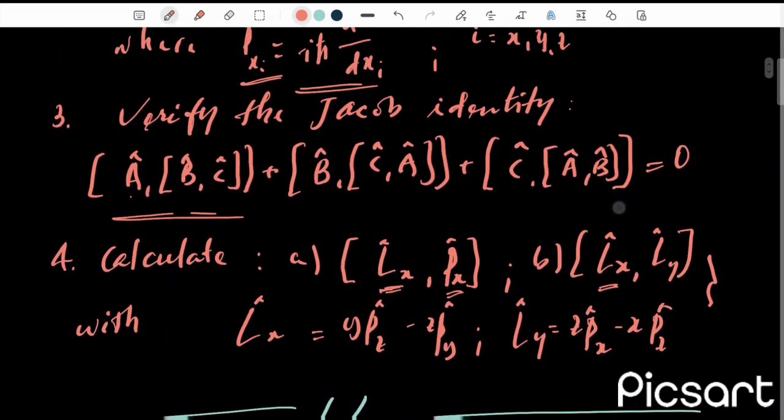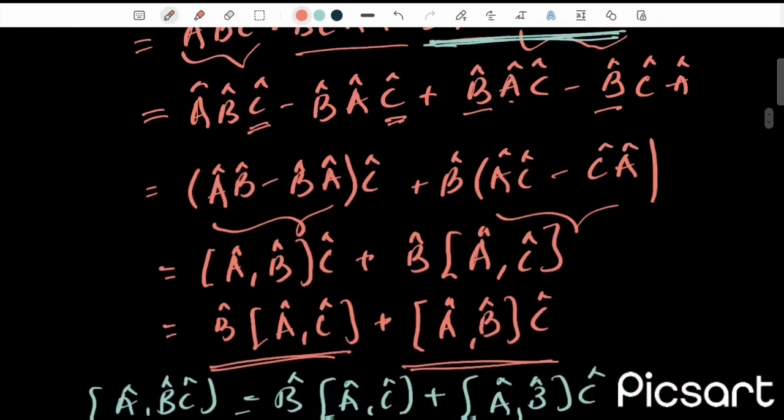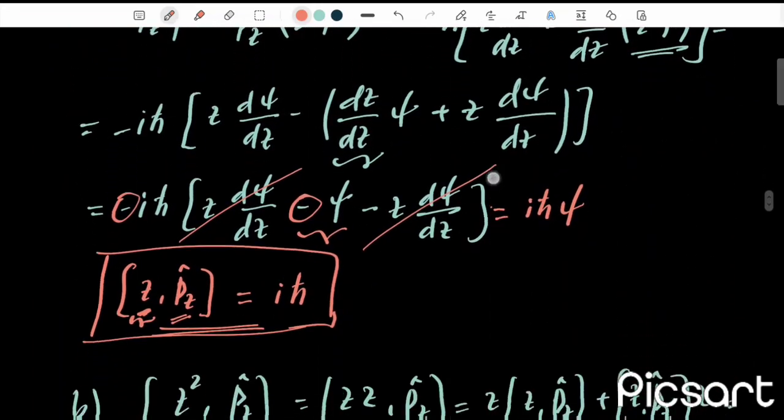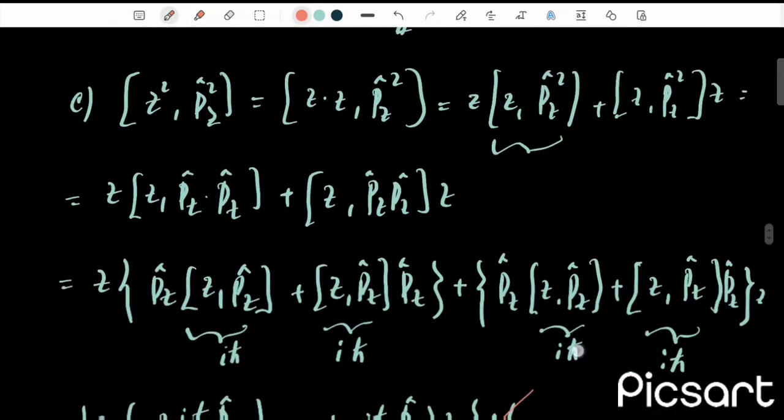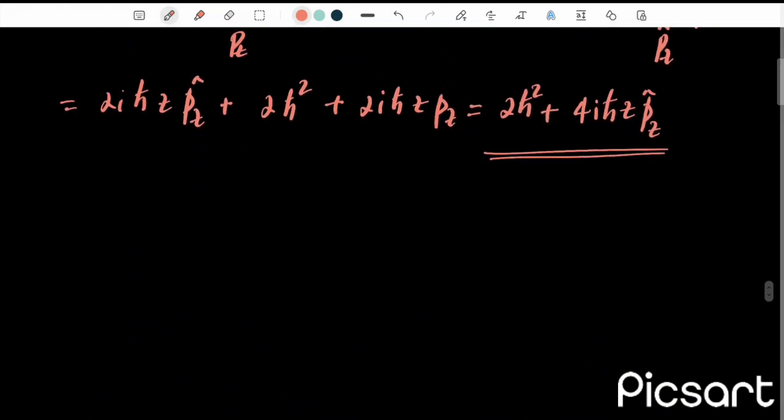Okay, number 3, which is to verify the Jacobi identity.